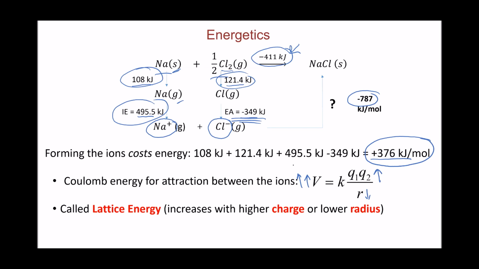As we said, it increases with higher charge and lower radius for the ions. And that is the source of that huge amount of energy here. That is even enough to provide the needed energy for the ionization to take place and produce an extra amount of energy out of the reaction overall.